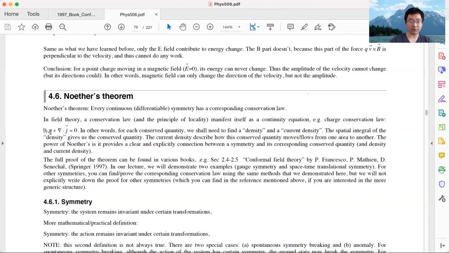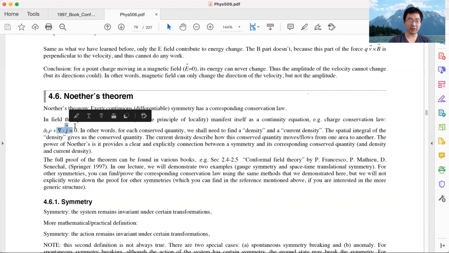For example, this is the continuity equation of charge we had earlier. The first term tells us the charge density at this point is changing. The time derivative means how fast it's changing, and the second term tells us this change of charge density is not coming from nowhere. The only way we change the charge density in this local region is through some current.